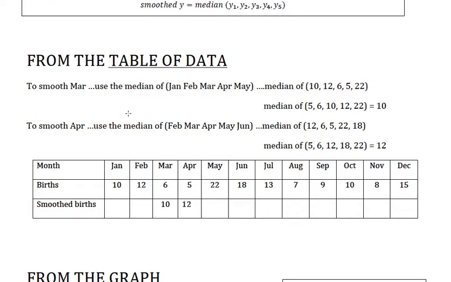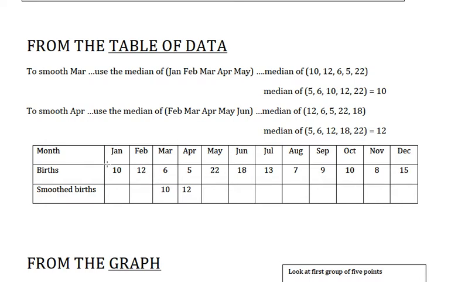So first example here, we can't find the 5-point moving mean or median for these outer 2 because we don't have 2 neighbours to the right. We don't have 2 neighbours to the right for November, December, or 2 neighbours to the left for January, February. So it means that we do lose these outer 2, but that's okay.